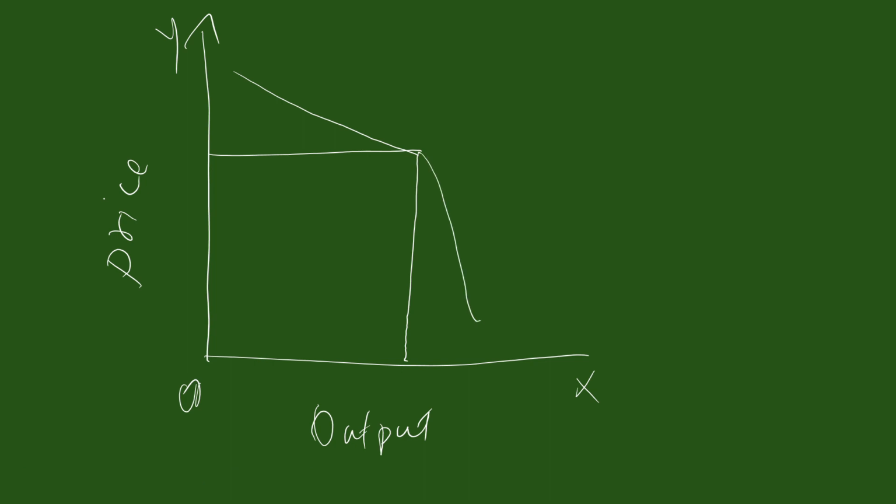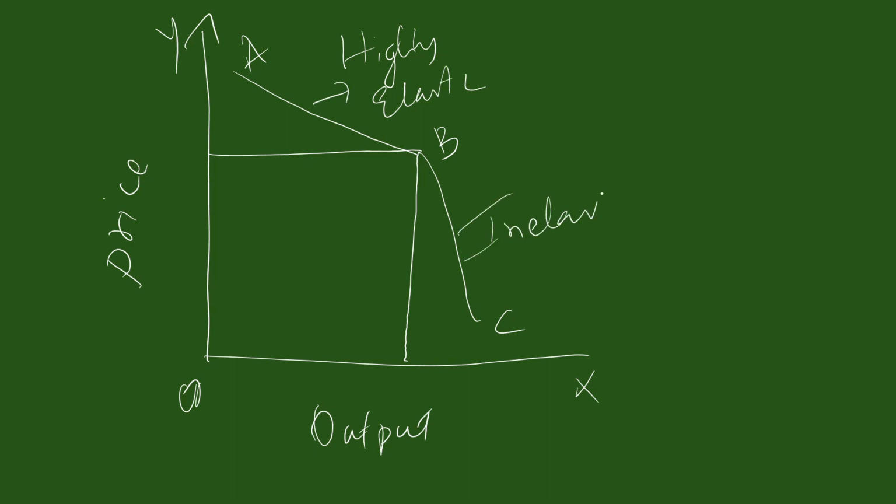This is the kinked demand curve. So here we have two curves. This is the demand curve, with points A, B, C. This is called the kinked demand curve, where you have a small bend over here.